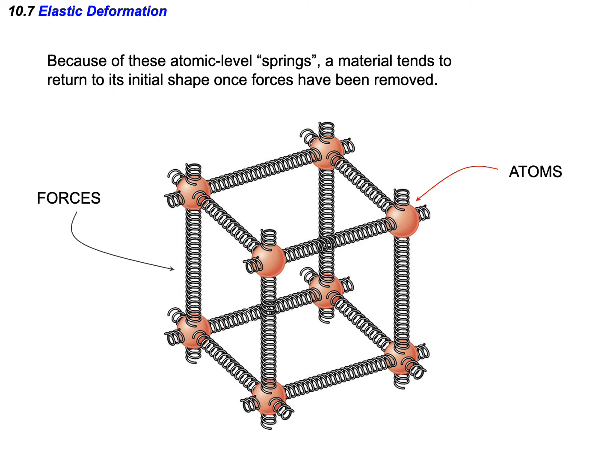Okay, so this is like a molecule. You see there are several atoms, like 8 atoms, connected with springs to each other. In reality, there are no springs attached to atoms, but we can assume this model, because we know these atoms are constantly vibrating, they are in motion.